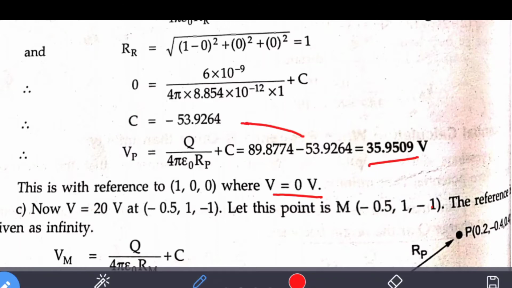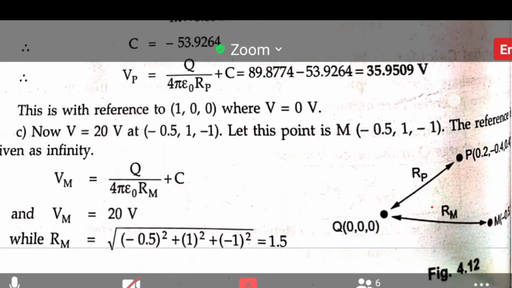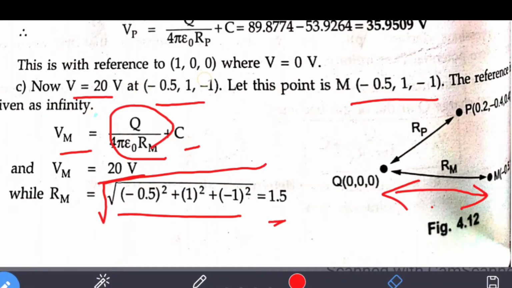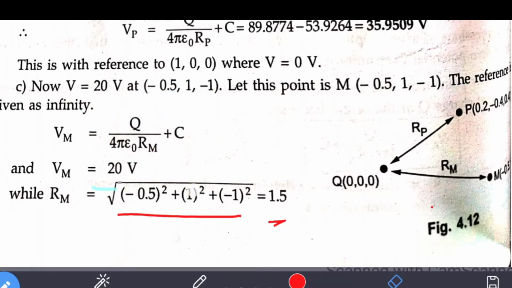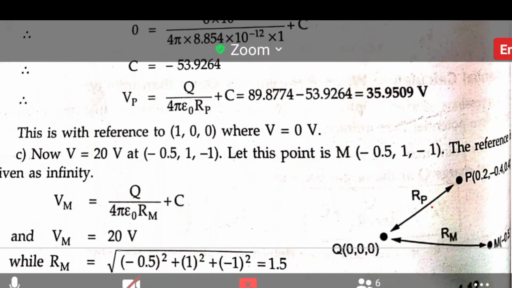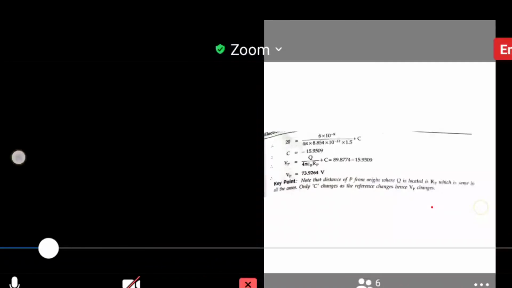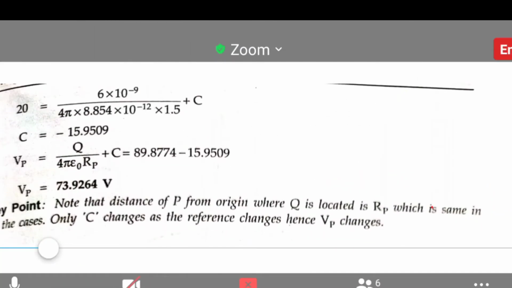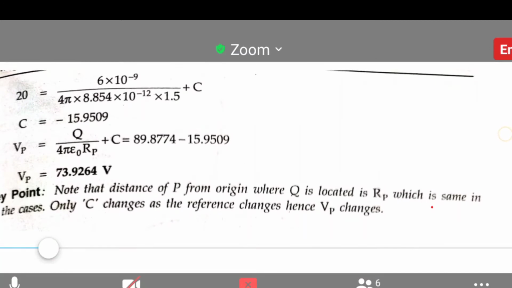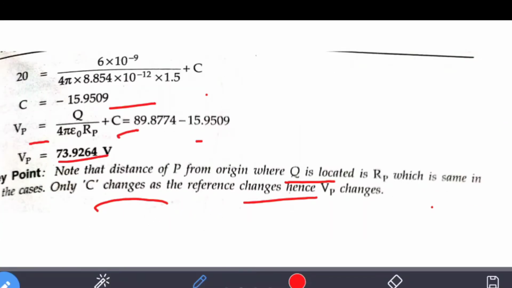Now we go for another point C. Related to electric potential, after that the constant you will obtain is C equals minus 15.95.